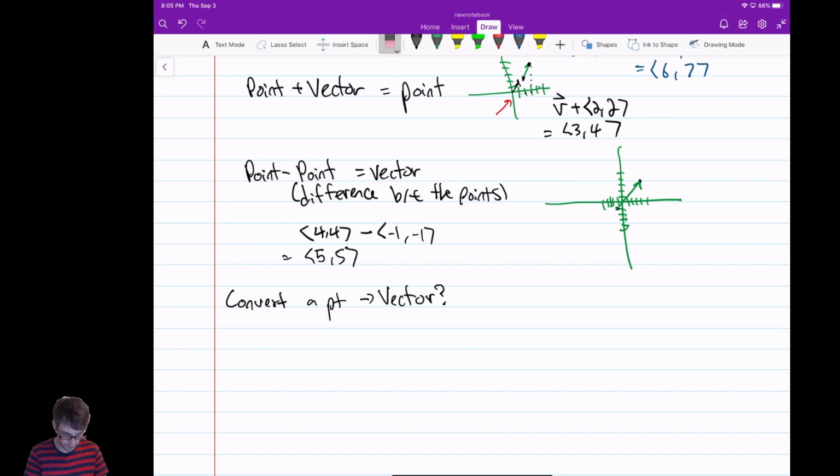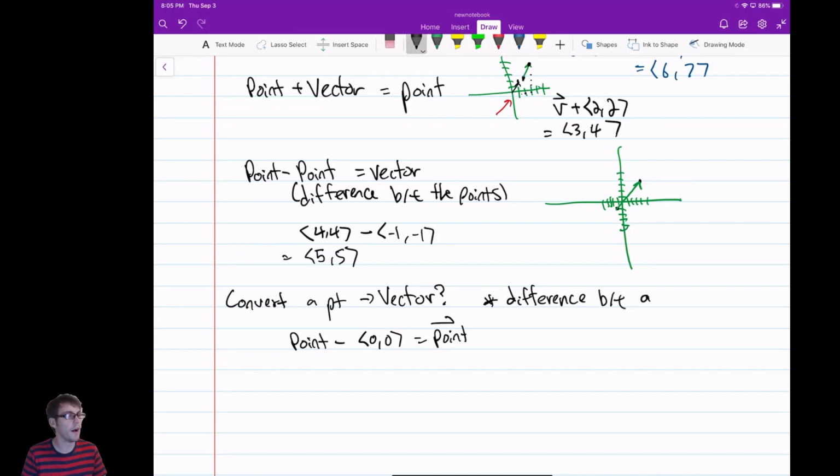So point minus 0, 0 is just going to be my point, right? I can just treat it like a vector. It's no big deal. But the difference is important. I should say this differently. The difference between a point and a vector really isn't how we use it.